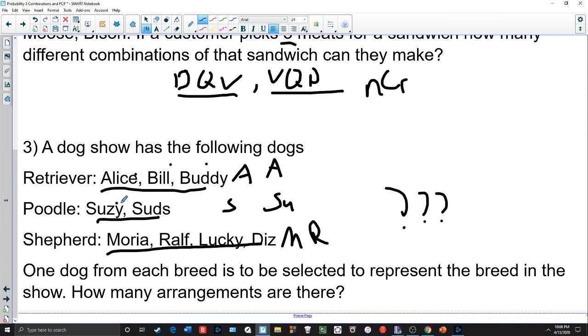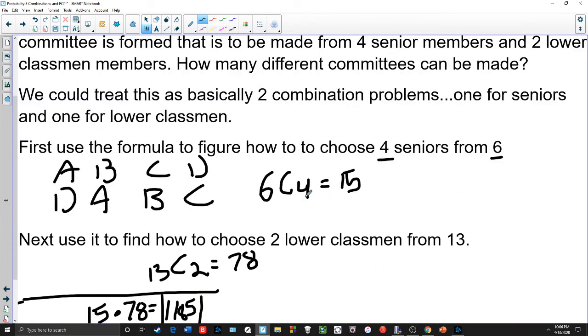Susie or Suds, that's 2 different ways, and then 1, 2, 3, 4 different ways there. Because I'm only picking 1 from each category, it's a fairly simple procedure, but it's still the same idea: 3 choose 1, 2 choose 1, 4 choose 1, and then multiply it all together. Whereas here, it was 6 choose 4 and 13 choose 2. That was a little more difficult because you had more options to choose from rather than just picking one person.